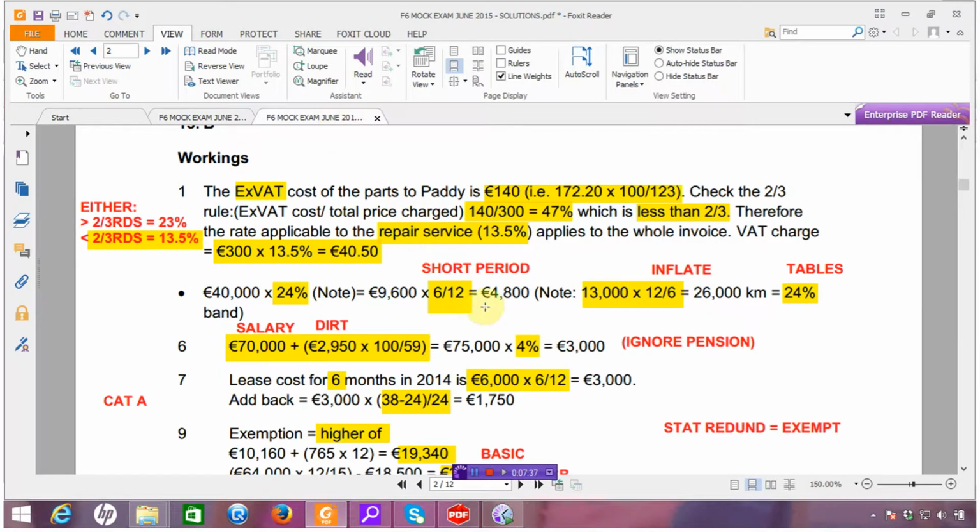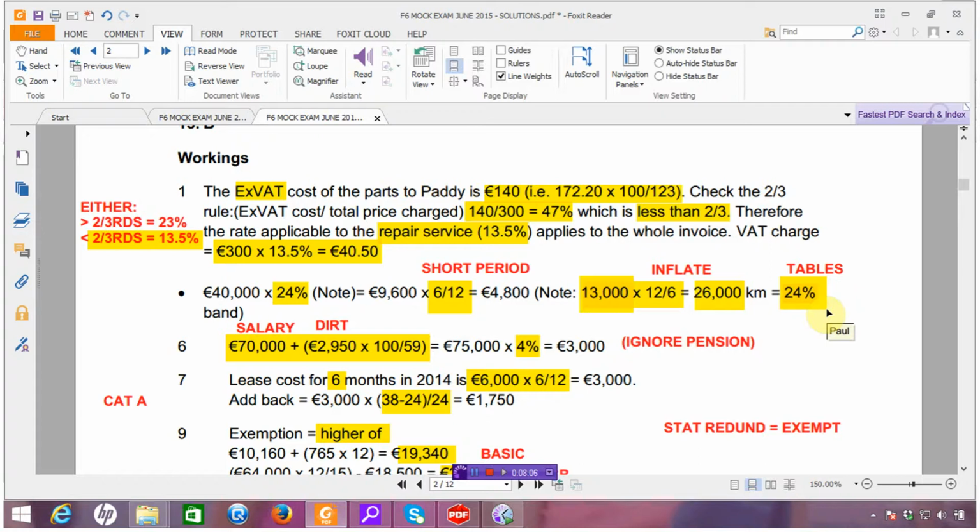If we look at answer 4 here, there we have the 13,000 business miles. What we've got to do is inflate them, or annualize them. Given that they were incurred over a 6-month period, we get to 26, and that's what we compare within our tables. When we look at the tables, based on that annualized business mileage, we've got 24%.